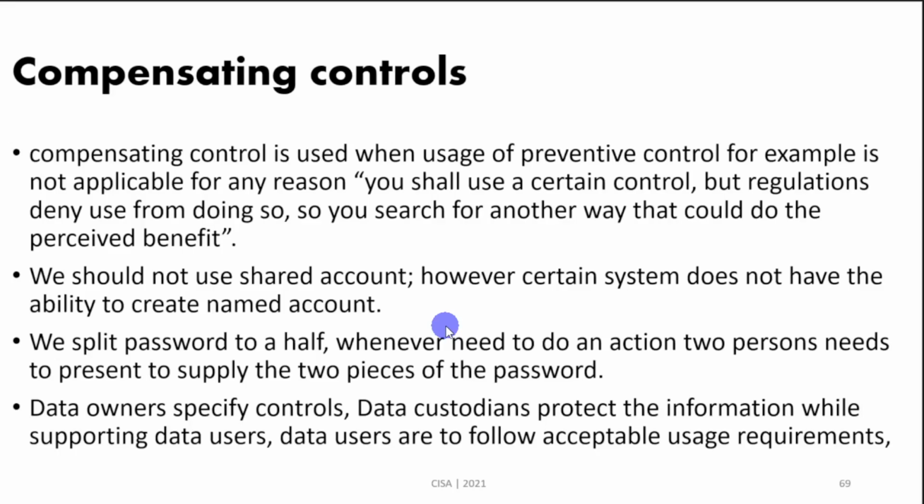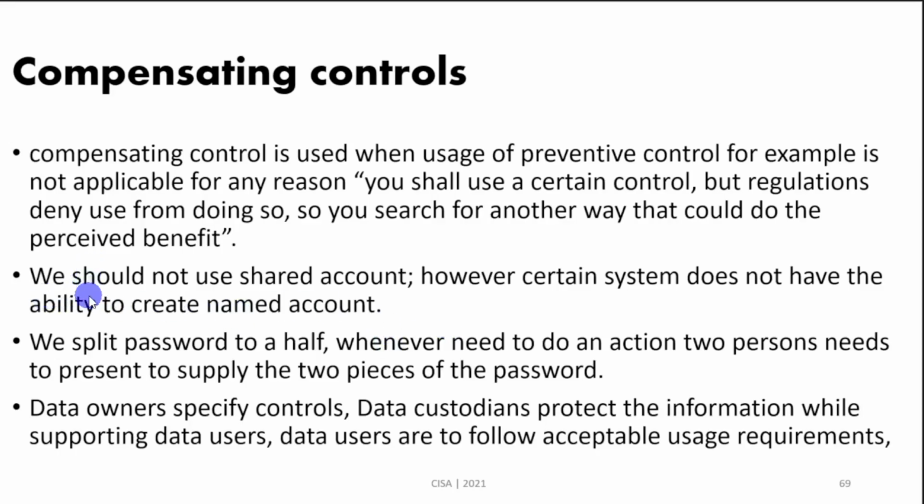But due to a legal or regulatory requirement in the country I am currently in, using this kind of control is not possible or not accepted. So I search for another type of control instead of the firewall that could give me the same outcome.